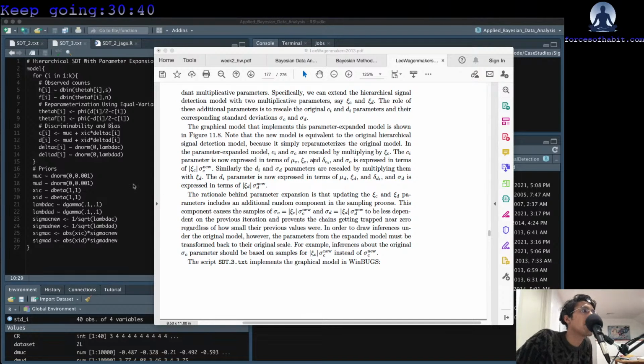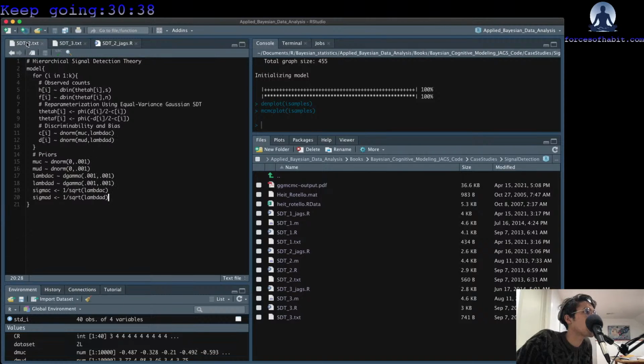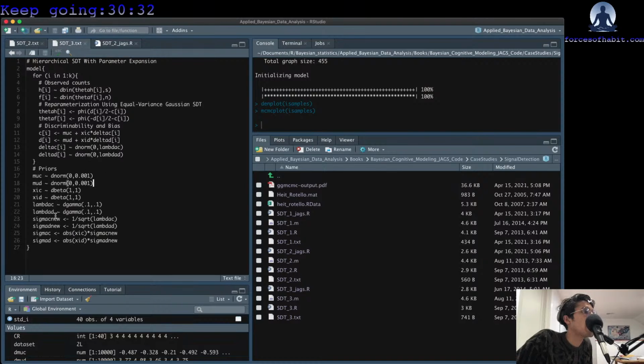Something I didn't notice either was the sigmas down here. Instead of just having these sigma parameterizations, now we have sigma new. We derive these new sigmas from the lambdas, just like we would normally do.